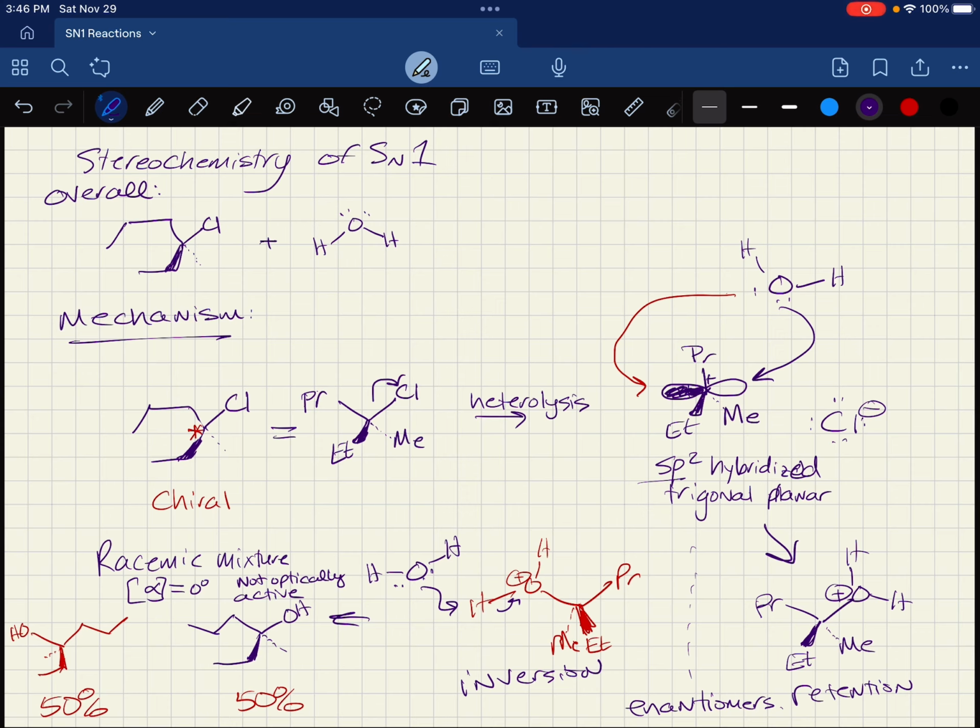If the products are racemic, then you know it's an SN1 reaction if it's a substitution reaction. And vice versa. If you know it's an SN1 reaction, then you know you're going to get racemic products.